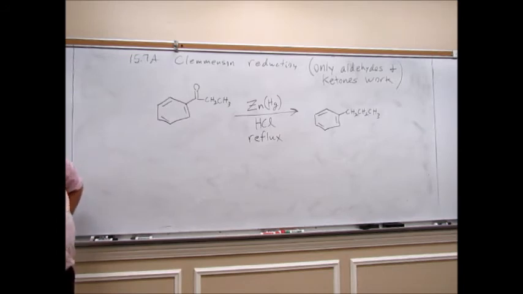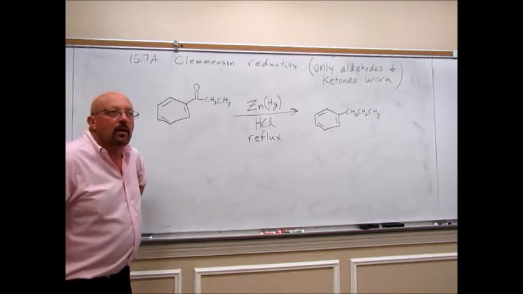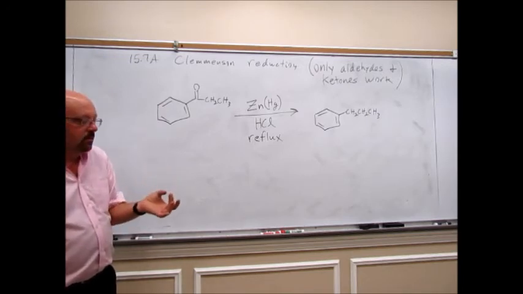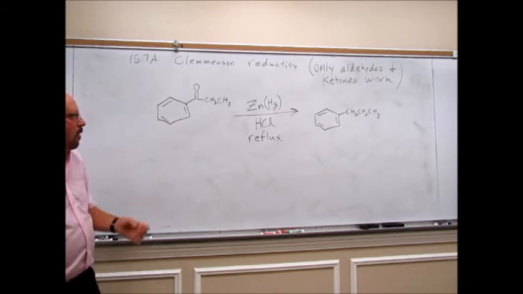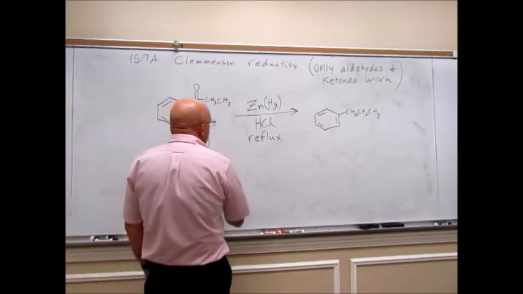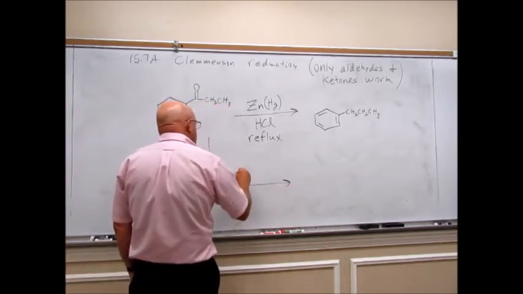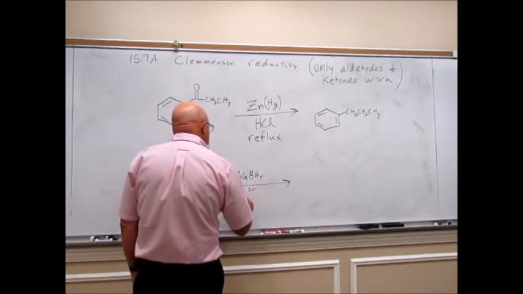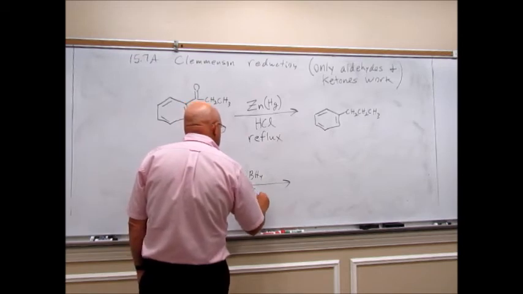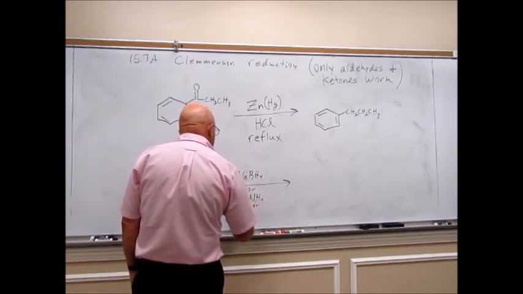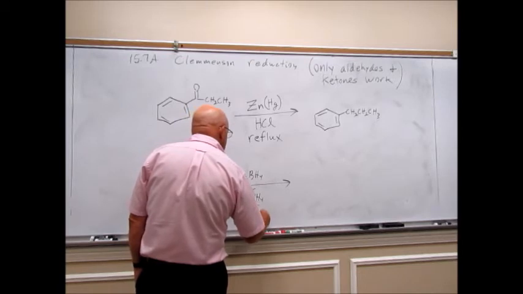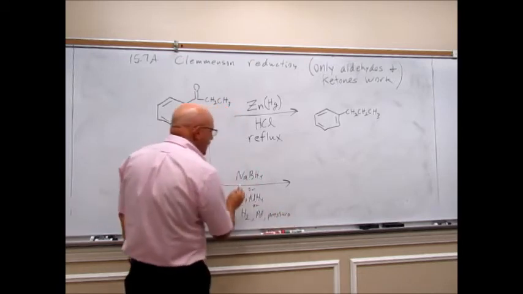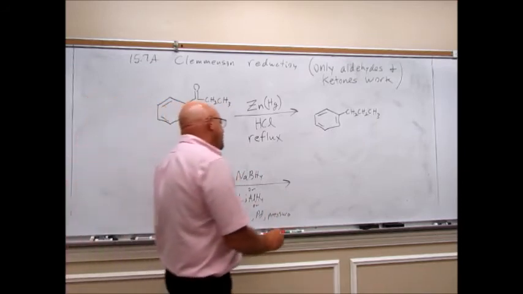Now we've done reductions in the past. We've done hydrogenation, we've done lithium aluminum hydride, sodium borohydride. So any of those others that we've talked about, sodium borohydride or lithium aluminum hydride or the hydrogenation, any of those three would have made the alcohol.